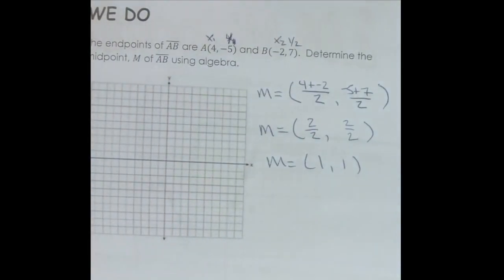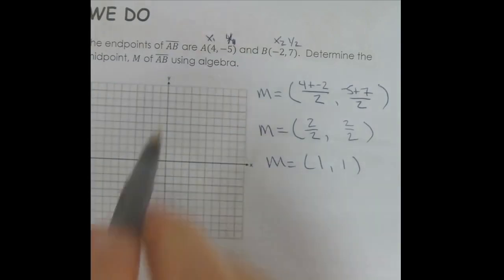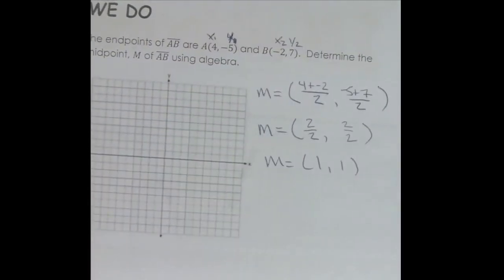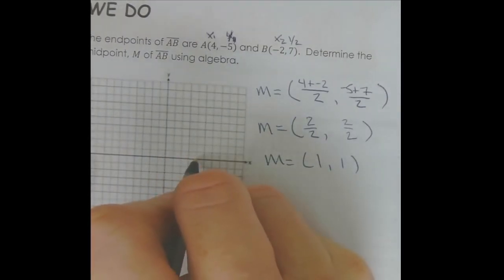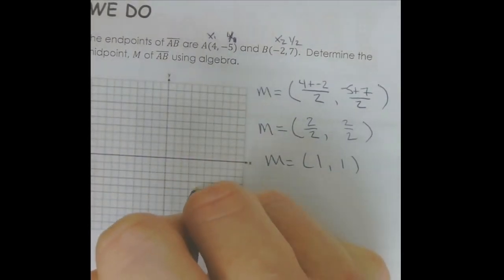So I write down my formula, I plug in my points. I'm going to quickly check this on the graph. If you'd like to pause, take a moment and graph these 2 points, A, B, as well as their midpoint, to confirm it's correct. I'm going to graph them now. 4, negative 5.